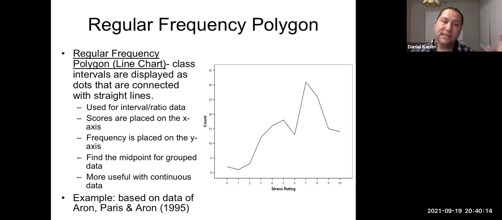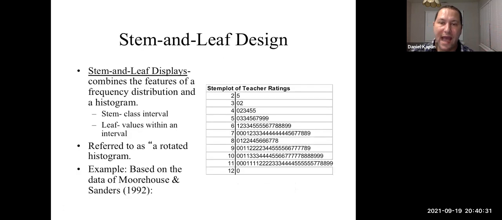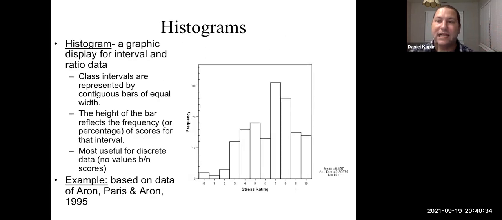Now, a frequency polygon is another way of depicting the same display as a histogram. So if we go back, I want you to take a look at this shape, right? And go back. It's actually the same shape as the histogram because it's the same data, right?